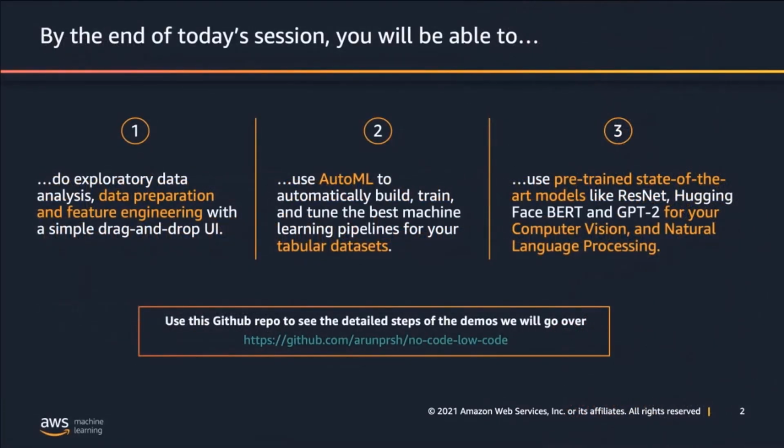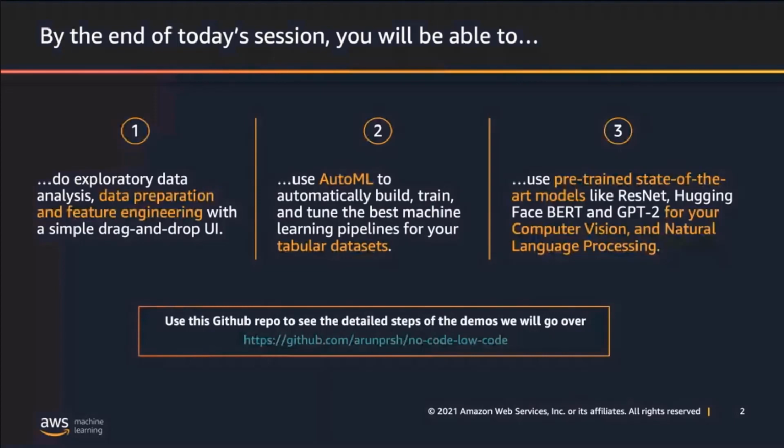As I said, quite a few things to learn today. By the end of today's sessions, we will make sure you know how to do the following three things. One, how to leverage a very simple drag and drop user interface to do data preparation and feature engineering for your machine learning problems.